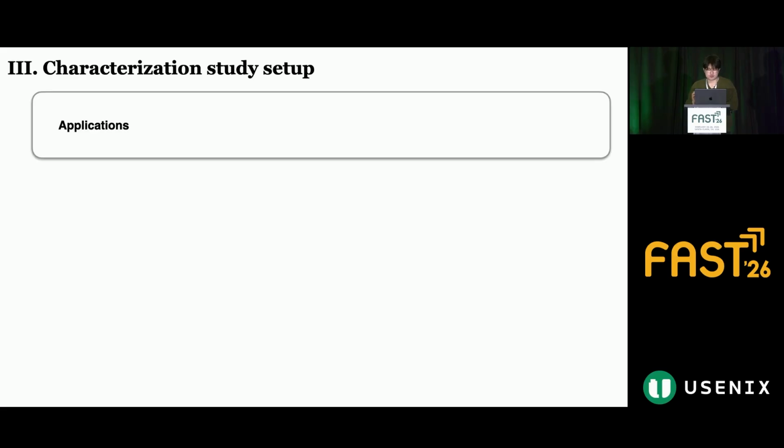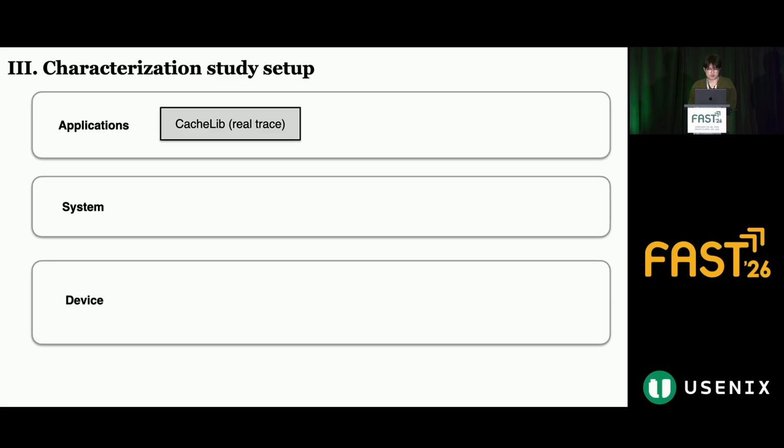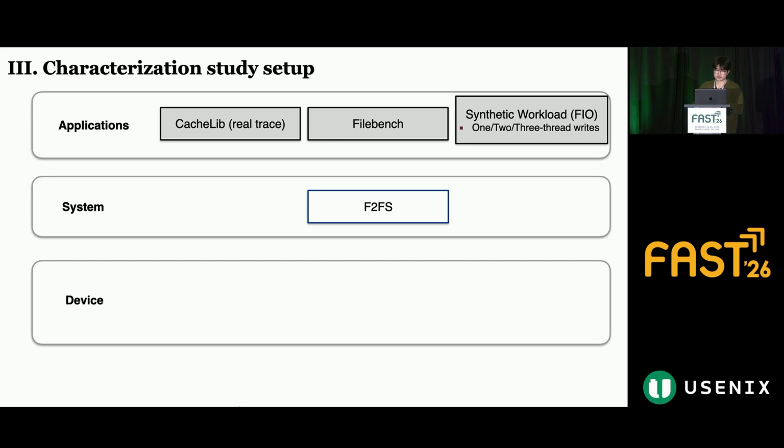Okay, let me give you a brief overview of how it's set up. Our characterization study spans three layers: application, system, and device. At the application layer, we cover three types of workload: CacheLib, Filebench, and synthetic workload. For CacheLib, we replay real production traces, giving us realistic trace-driven behavior. Second, Filebench runs file system benchmarks, allowing us to evaluate FDP under file system operations.